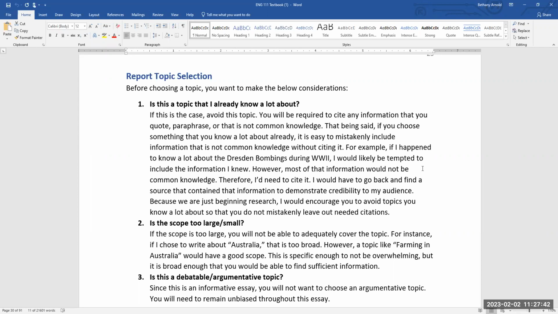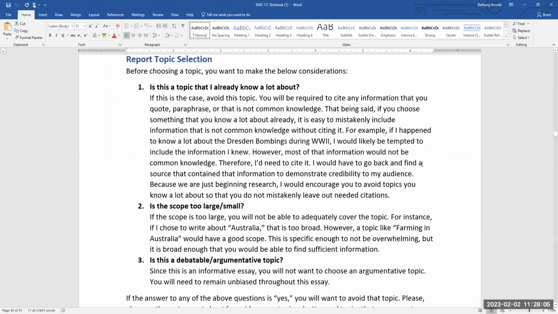So if you write about something you know a lot about that is not common knowledge, you would have to go back and give credit to that within the body of your essay. So I would, again, discourage you from writing about something you know a lot about already, just so that you don't have to sift through that and make those determinations. So write about something that interests you, but not that you already know everything about.